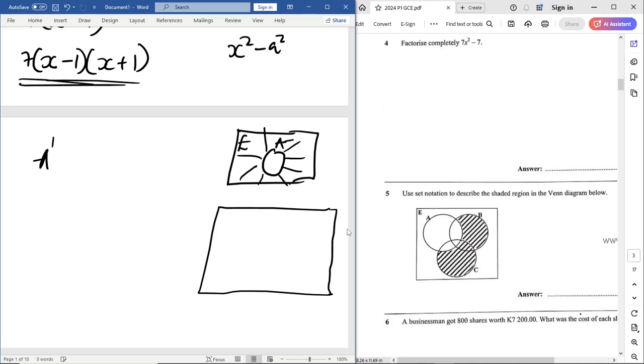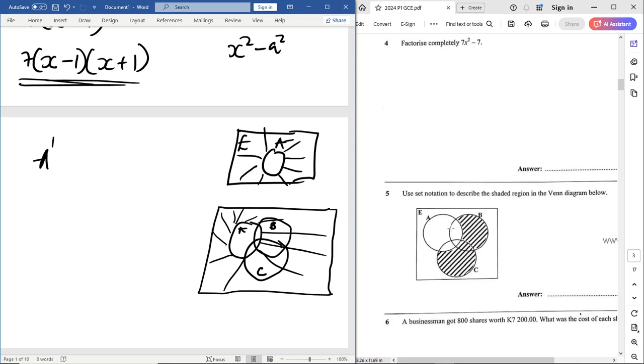This is our set A, this is our set B, and this is our set C. So I'm saying A complement is everything that is outside the set A. Okay, so that is the first part.